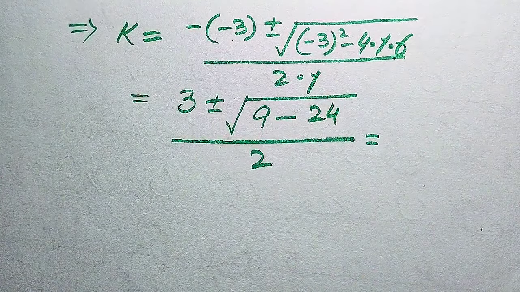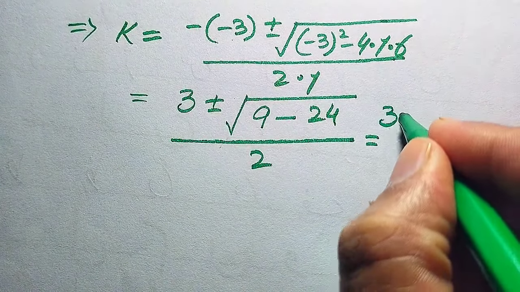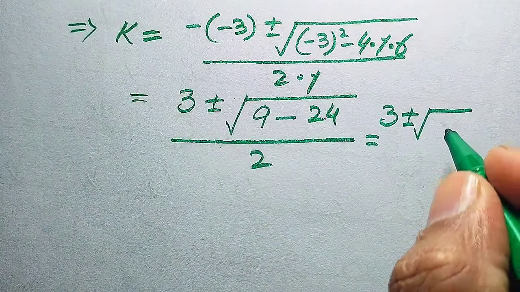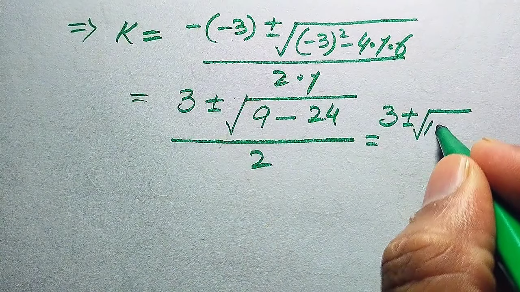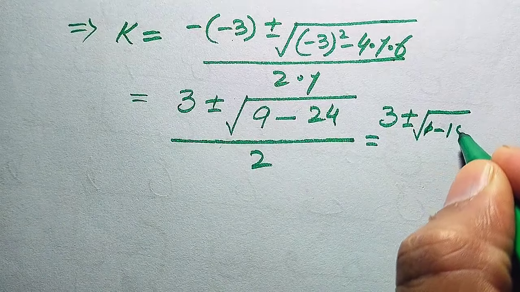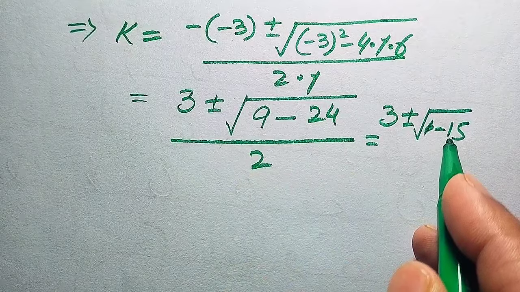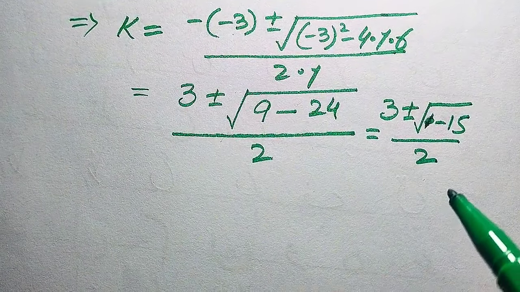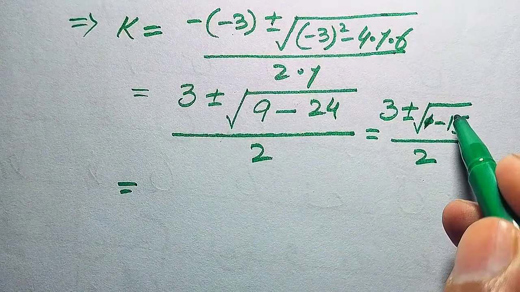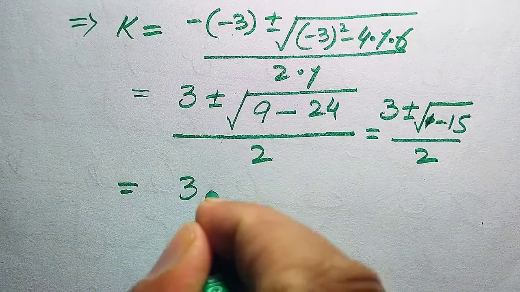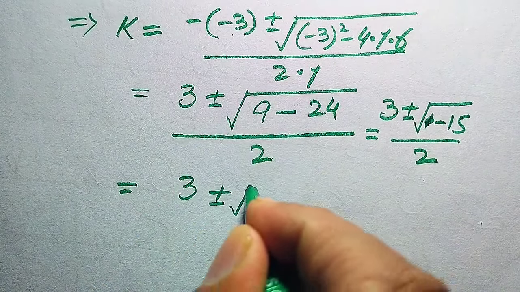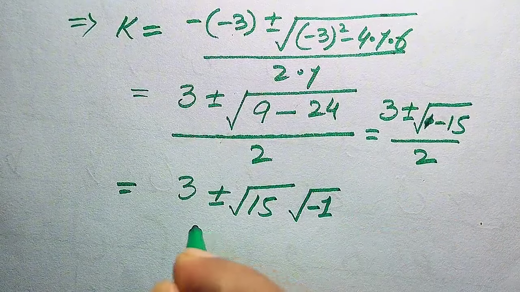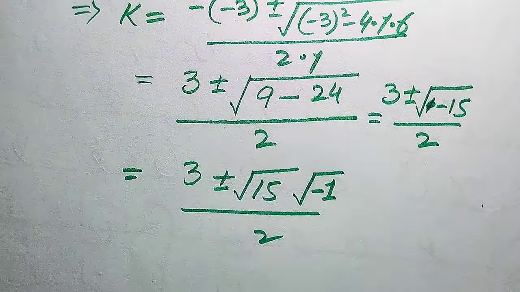And here we need more simplifications, and it will be written as 3 plus minus square root of 9 minus 24, which becomes minus 15, divided by 2. So here we further break this square root separately on both of these two values, and it will be written as 3 plus minus square root of 15 into square root of minus 1, divided by 2.